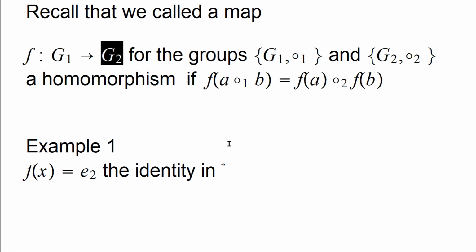Here, of course, this will satisfy the homomorphism property for any A and B in G. I did not write here that for every A and B in G1, but that's what I mean.